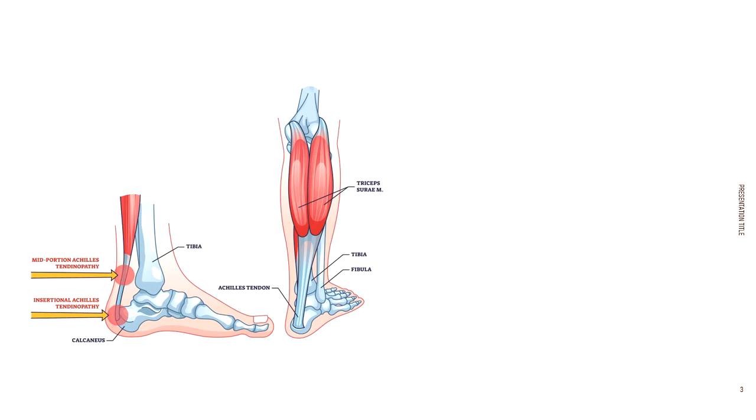The second condition, retrocalcaneal bursitis, I will show later on a different slide. The third condition, which is Achilles tendinopathy, also known as mid-portion Achilles tendinopathy, affects the body of the tendon quite a bit more proximal than the insertion.